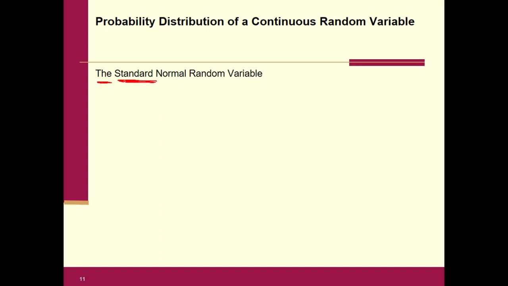What's the process that we standardize? If we're going to work with a normal random variable that we're going to call x, and we change x into z and use this one table, we have now standardized this process. So they decided to call it the standard normal random variable. This is a special normal random variable, and it has a mean of 0 and a standard deviation of 1.